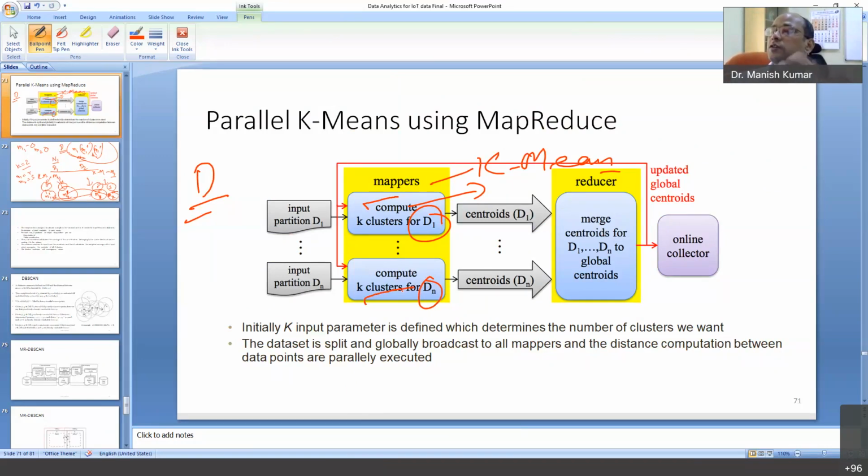So in the last iteration, the mean will be uniform also. In that case, each mapper's clusters can be merged and we can get the global centroids and global clusters. So that is the arrangement we could make, and we do that also.